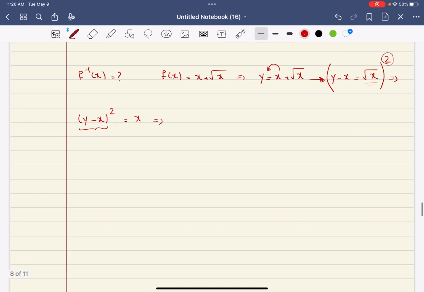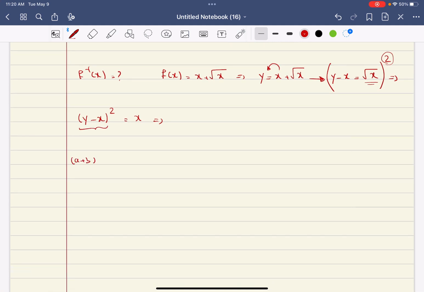So in here, based on this formula, a to the power of 2 plus b to the power of 2 plus 2ab, we will have y to the power of 2 plus negative x to the power of 2 plus 2 times y times negative x equals x.